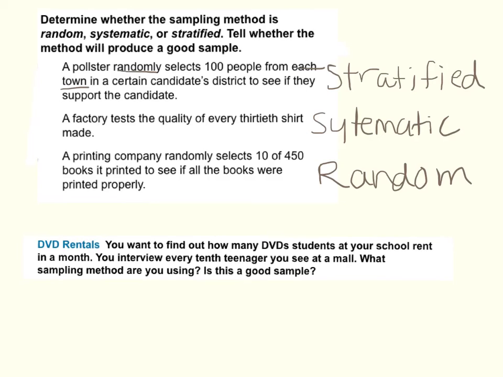Okay, and finally, you want to find out how many DVDs students at your school rented in a month. You interview every 10th teenager you see at the mall. What sampling method are you using? Well, this is going to be systematic because it's every 10th.